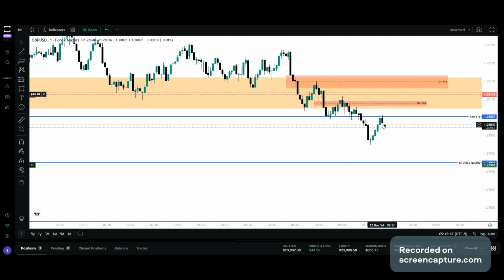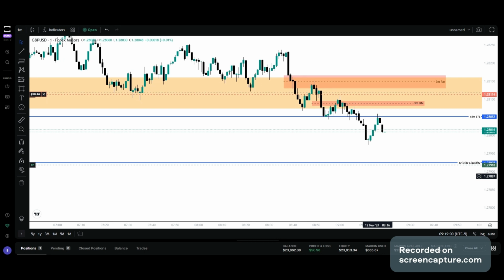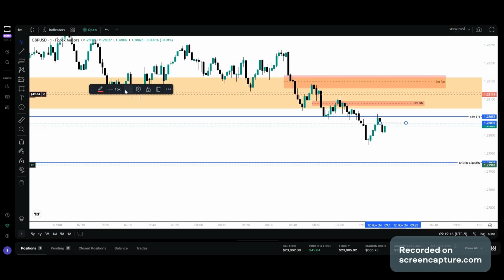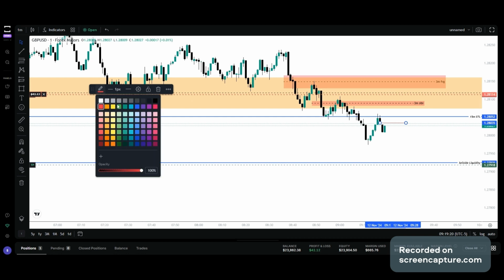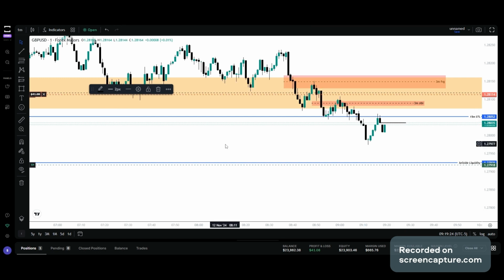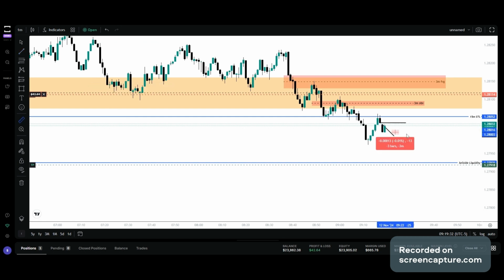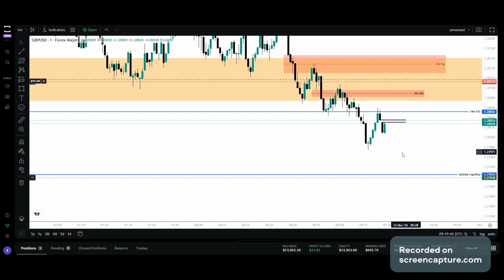Then we got this liquidity void. I like to see this liquidity void act as resistance.